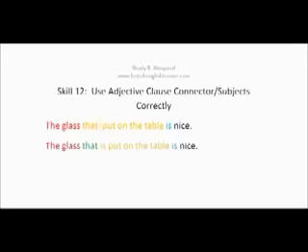So I can't say that the glass that put, because the glass is put but the glass doesn't put. So this is how we know. So this is why we say no, we need a subject here. Fantastic. So today in this skill we're talking about adjective clause connector subjects.